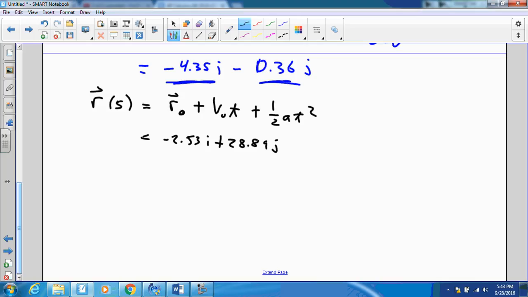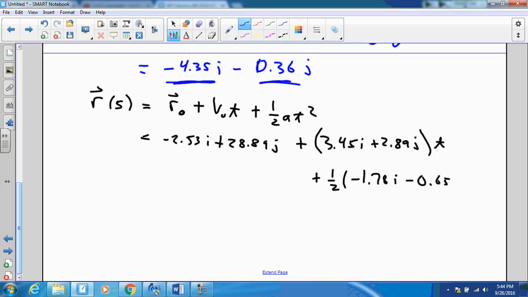Now the reason that we have these r's here rather than x's is that because we're doing motion in 2 dimensions, we're really going to think of x as the horizontal and y as the vertical. So as we work, we have the initial r0 right here. We have the initial v0, which is 3.45i plus 2.89j times time, and then finally plus 1/2 of negative 1.78i minus 0.65j t squared.